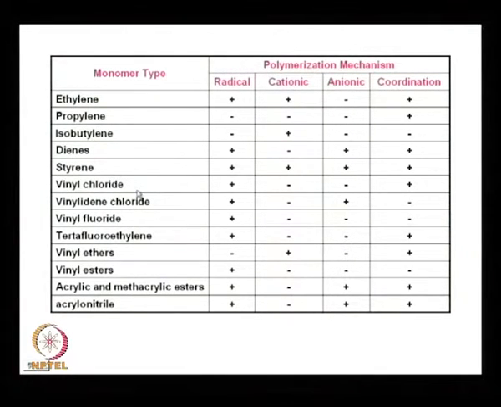The polymerizability of these monomers by various initiation mechanisms is shown. Positive means it is possible by that mechanism, negative means it does not respond to that initiation. So, positive means it responds to radical polymerization or cationic polymerization or coordination polymerization.